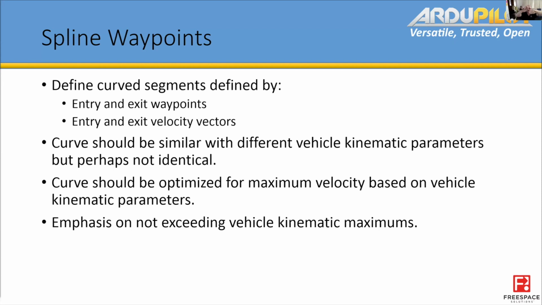You get spline curves, right? So for a survey mission, you could just do a spline, and it would create a nice curve over the top. Ideally, we would go through that spline at close to the maximum velocity the aircraft is capable of, given the acceleration limits and jerk limits, etc.